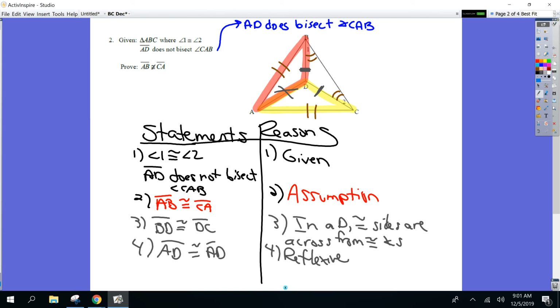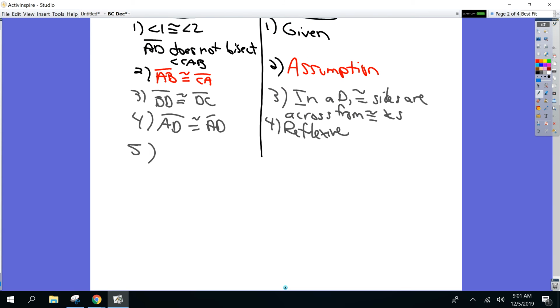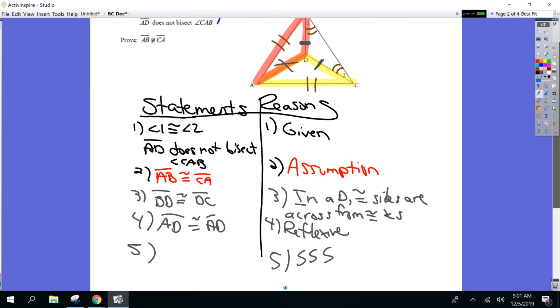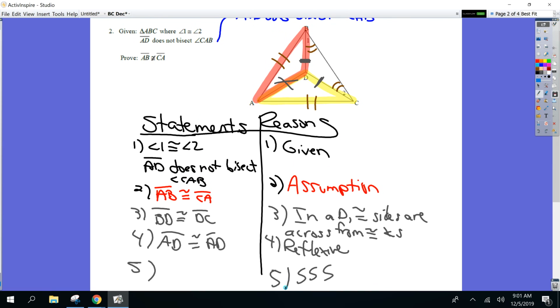Now I know the triangles are congruent by what method? Side, side, side. So triangle, what is it, ABD. Triangle ABD is congruent to, if I go ABD, come on, ABD.